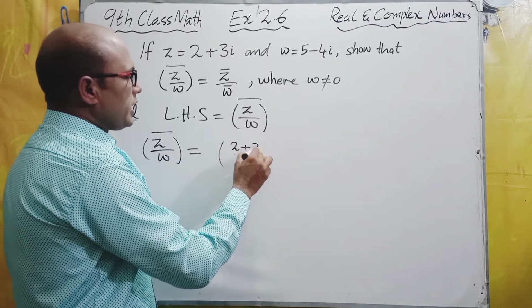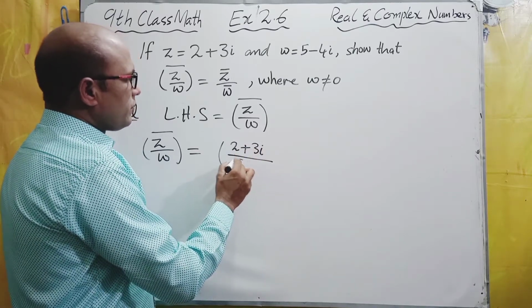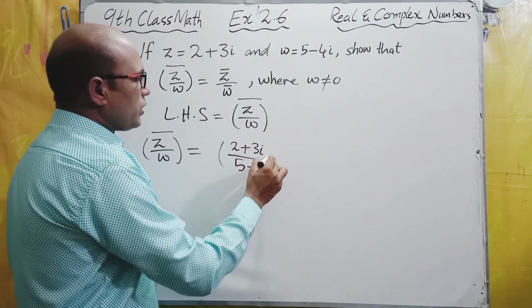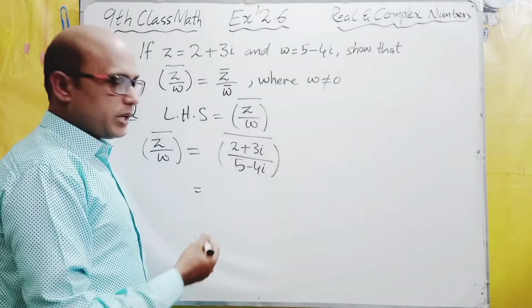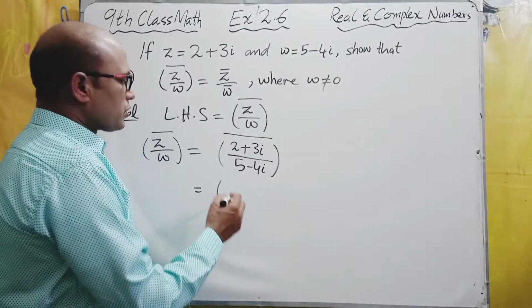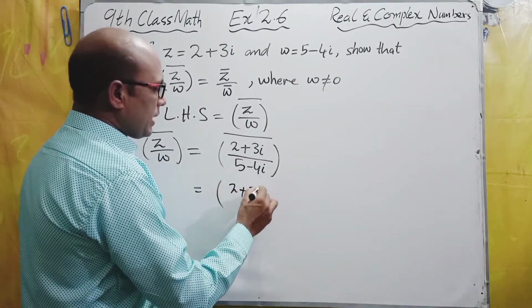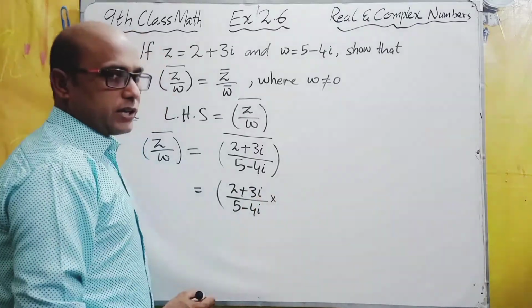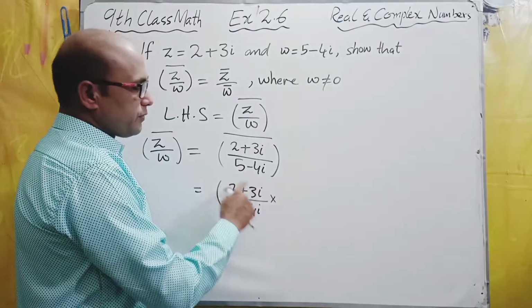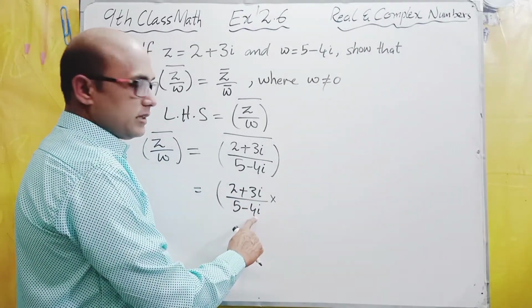(2 plus 3 iota) over (5 minus 4 iota) whole bar. Bar will not be removed at first, so we'll apply the method of rationalization by multiplying this fraction with the conjugate of the denominator.